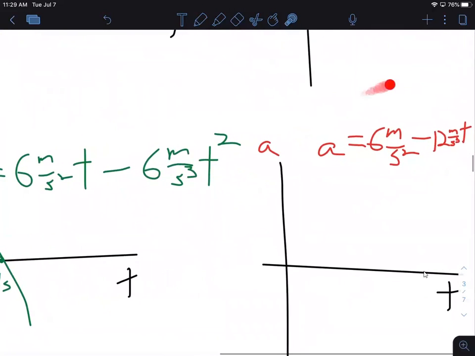Okay, so this is a linear function. It starts at positive 6 and is decreasing. When t is, let's just try to keep these to scale, it's decreasing pretty fast.